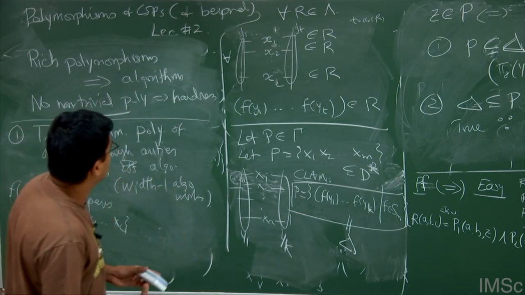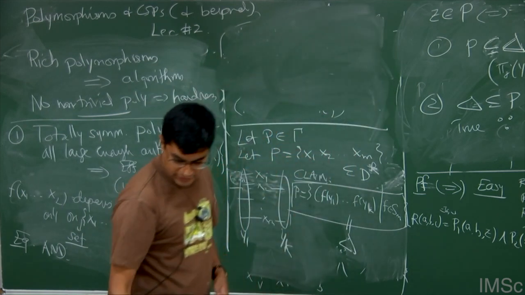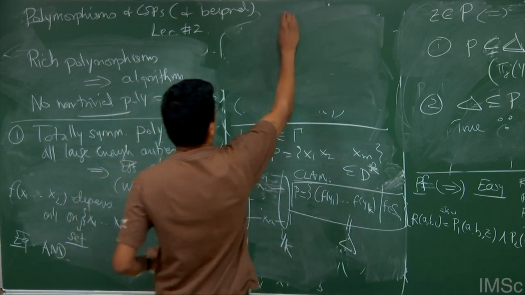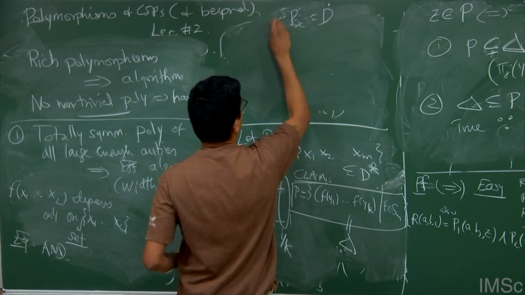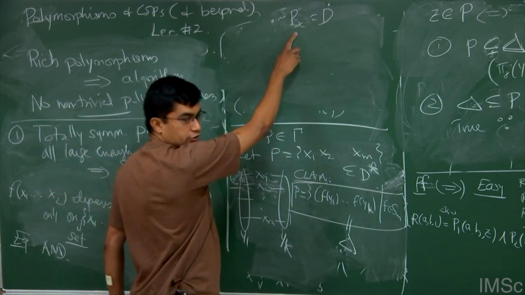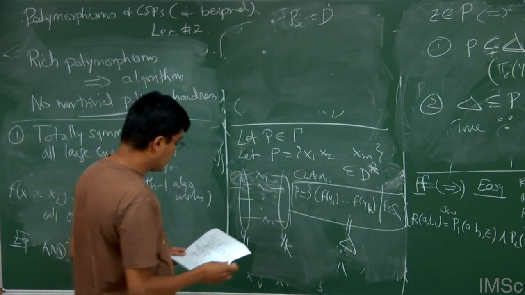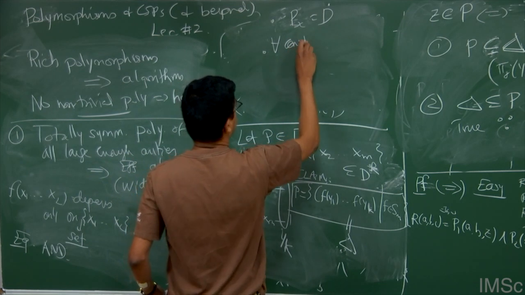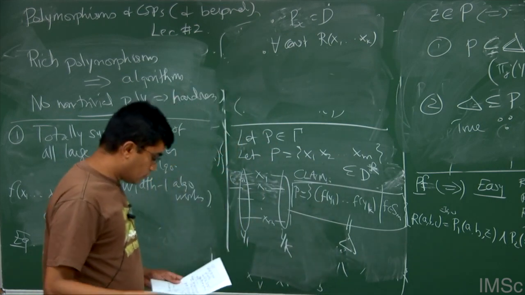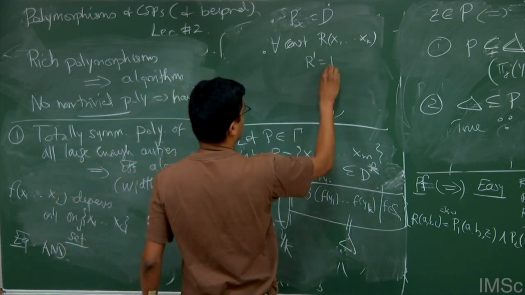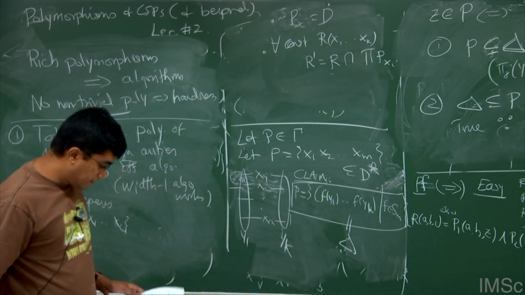In general, the width 1 algorithm will be something similar, and it is written down in this survey, so I will just quickly write it down. I will use the same notation: Px is the set of allowed values for variable x. You start by allowing the full domain. Then for every constraint in the instance, you know that each variable should be in its allowed domain, so intersect the relation with that, giving r prime.